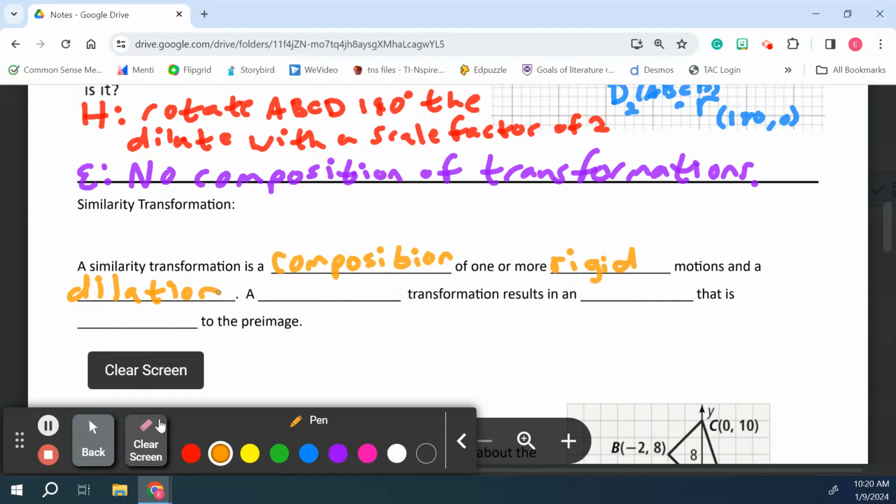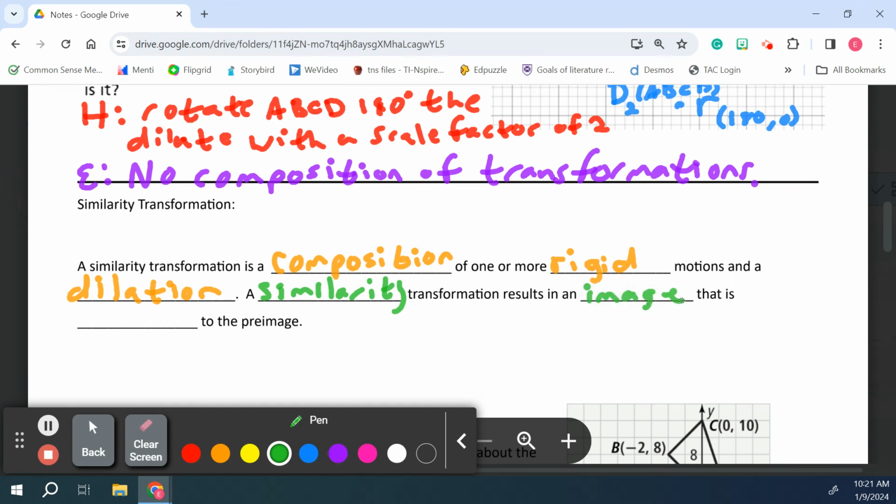All right. So the second part of this is that a similarity transformation results in an image that is similar to the pre-image. It's not saying it's going to be exact. It's saying it's going to be similar. It can't be exact because we have that dilation in there, and that's not a rigid motion.